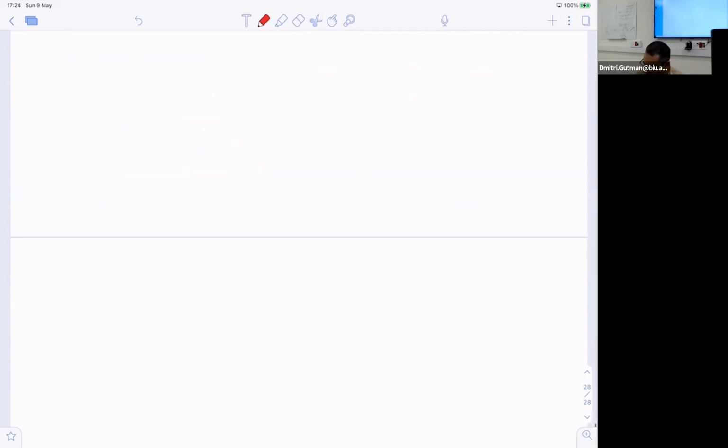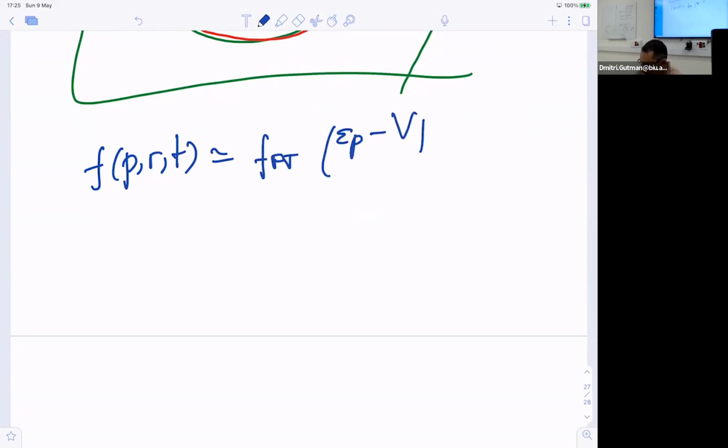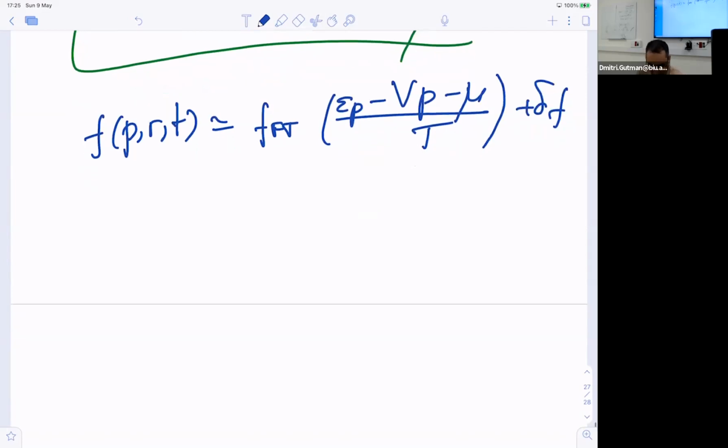So we had this separation. Oh my goodness, why stop? So we wrote a solution for the distribution function that's essentially a thermal part that we only consider so far, and there was some correction to it, which we have neglected.